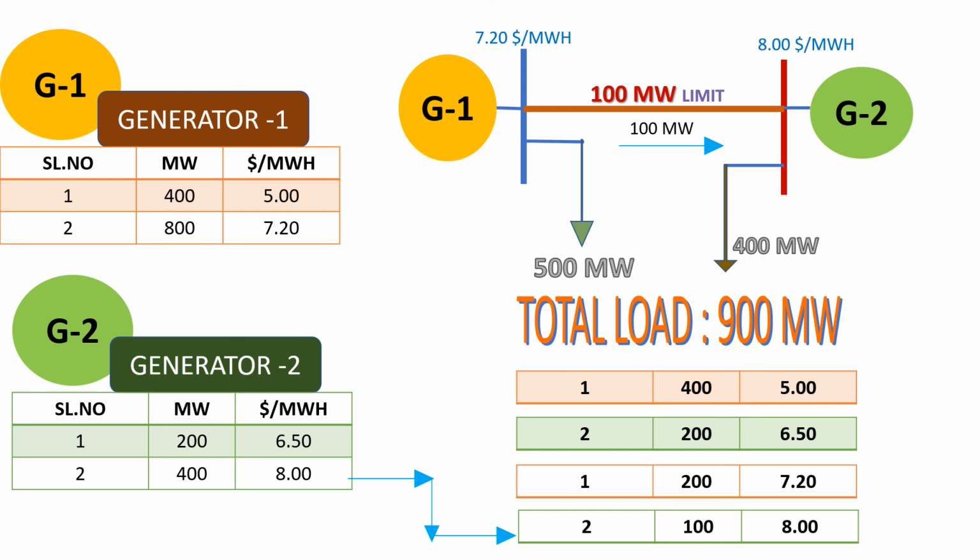So the generator 1 LMP becomes $7.20 per megawatt hour, and generator 2 LMP becomes $8 per megawatt hour.